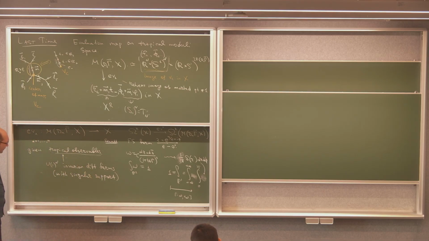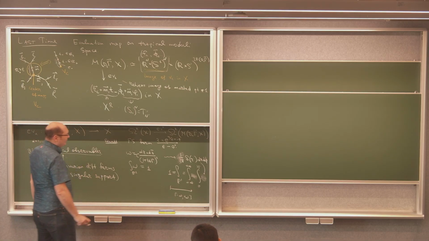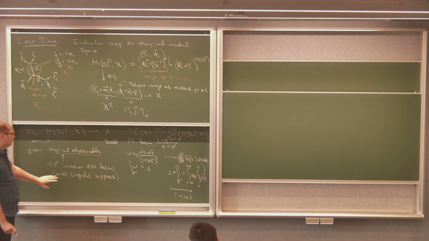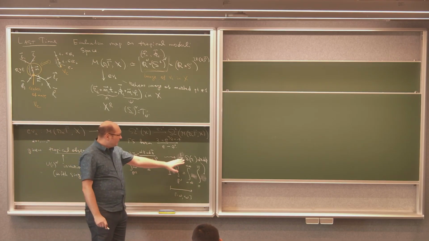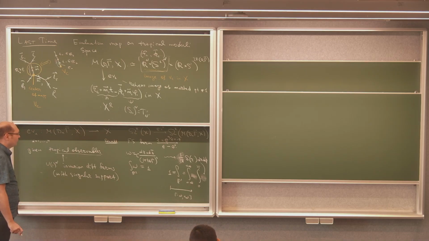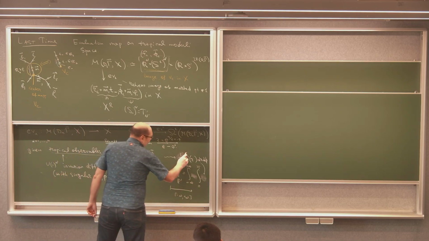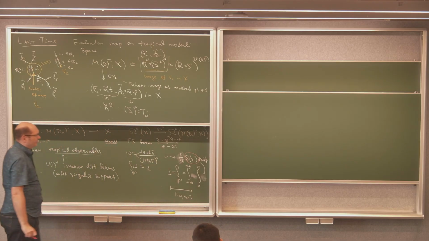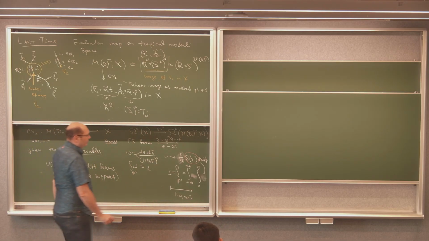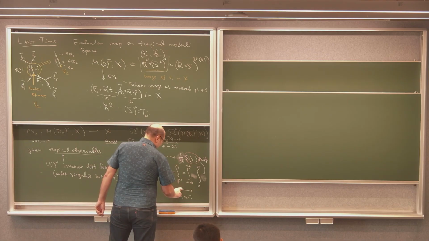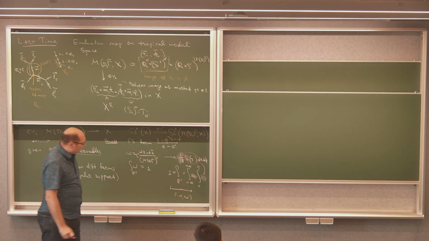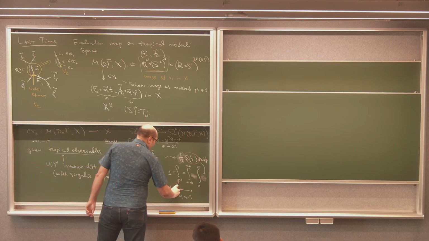We believe that it is possible to generalize this construction to non-singular support, but for now we treat it with singular support. So here the singular support is reflected in the idea that the support in this radial direction is just a single point, so this form is only non-zero at a single point r equals 2.